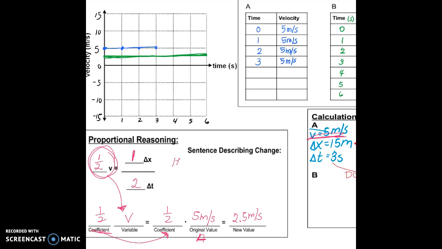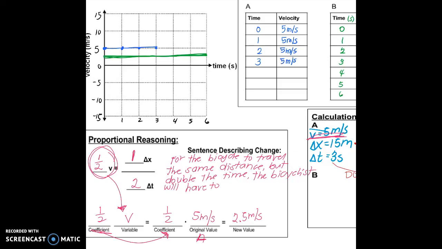Let's start with: for the bicycle to travel the same distance but double the time, the bicyclist will have to cut his speed, or reduce his speed, by half.